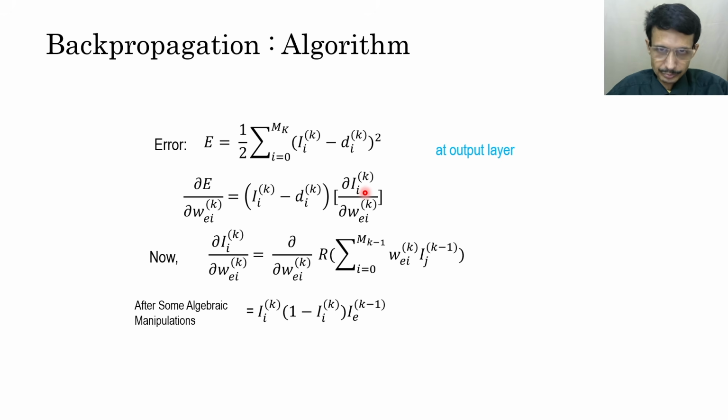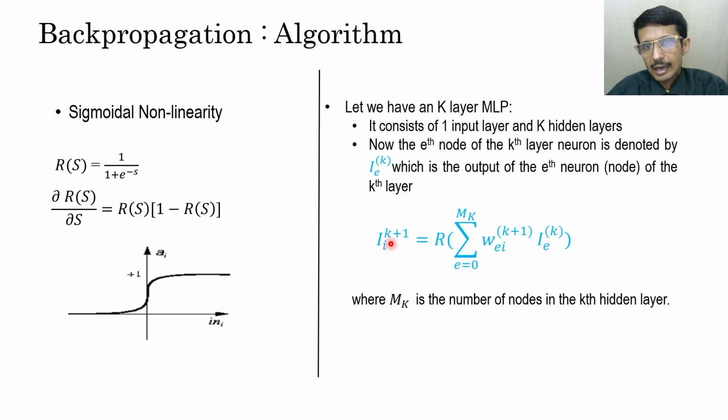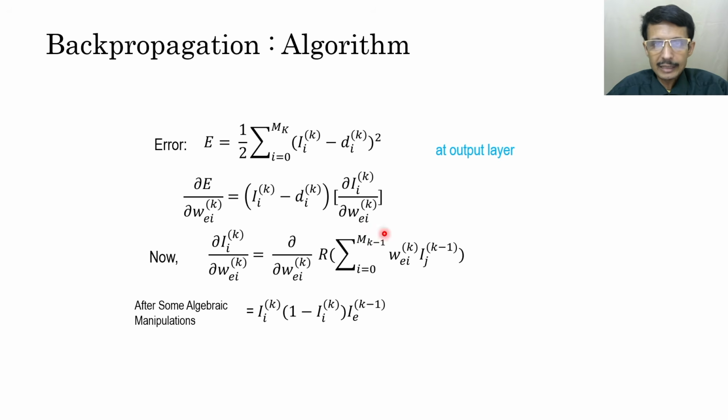If we put in the derivative of O of k, which depends on layer k minus 1, summed up, and after some algebraic manipulation, we get O of k times 1 minus O of k times O of k minus 1. So this is the mathematical derivation of the gradient at the output level with respect to the weight at the output level.